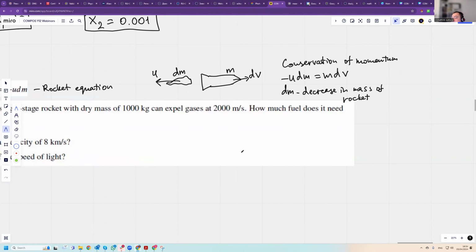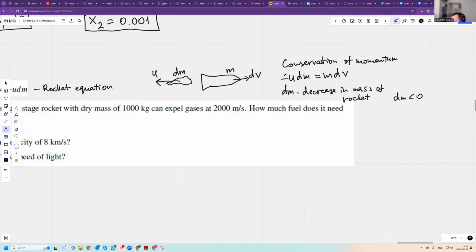So we use a minus here. dm is negative, so we have to put a minus to compensate.